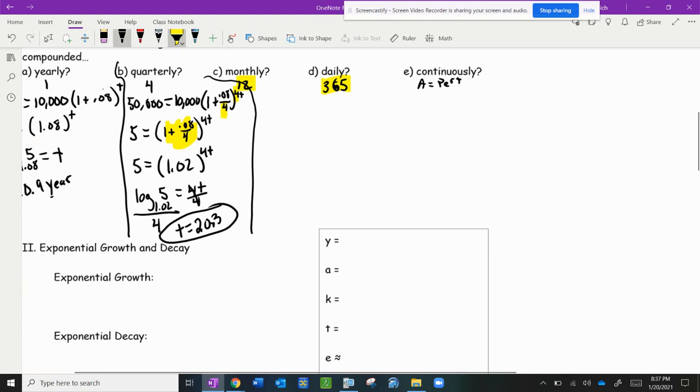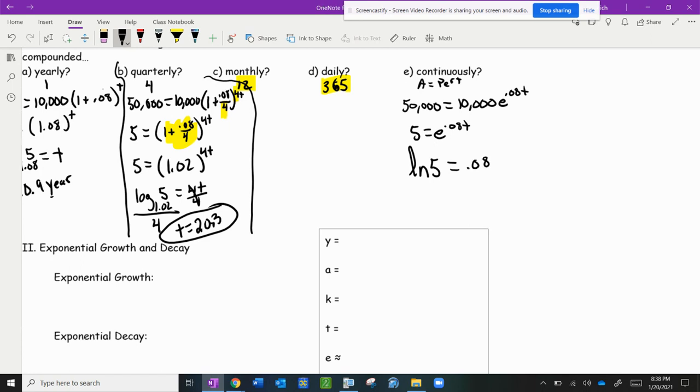Okay, and then I'll just look at PERT real quick, and I'll say I want an output of 50,000, an input of 10,000, e, and my rate is 0.08, raised to the t. Again, I'm going to get 5. This one's a little bit different because I have a base e, so I'm going to use natural log of 5, output, 0.08t, divide.